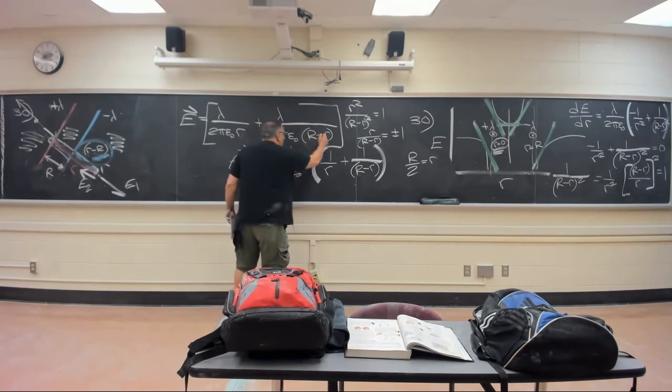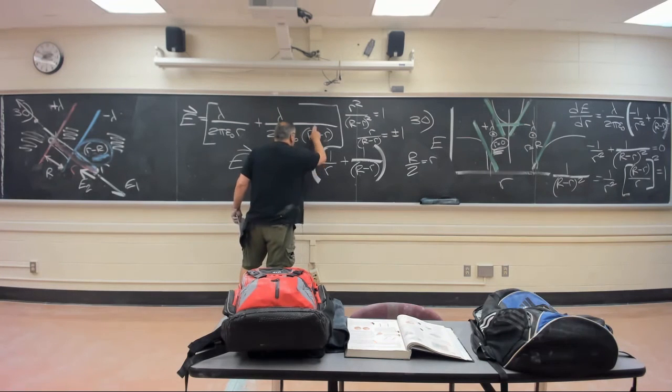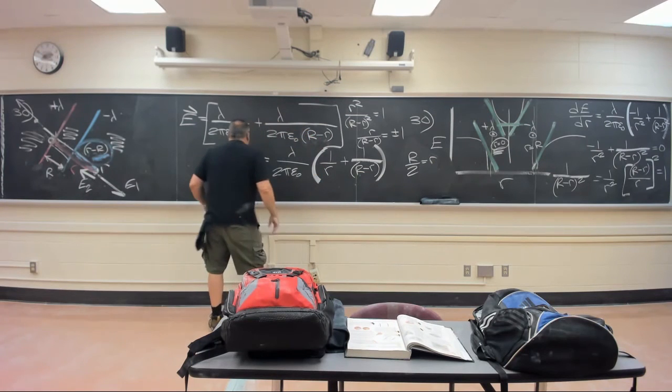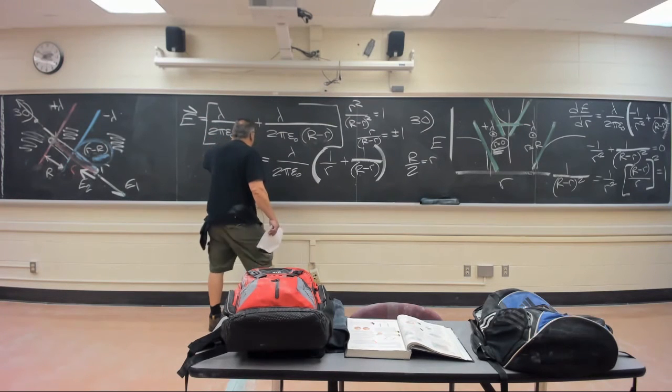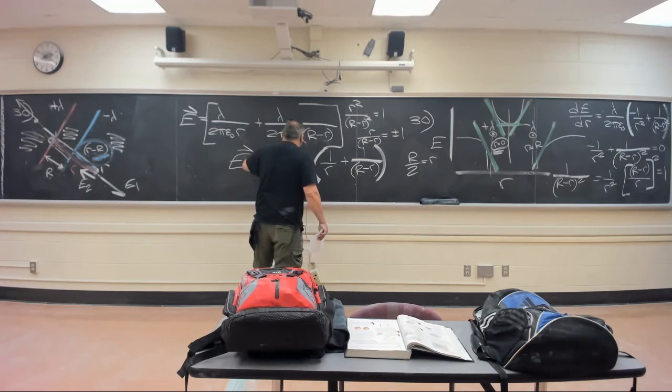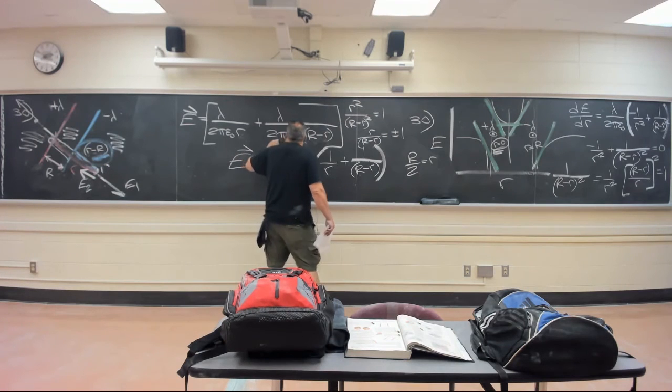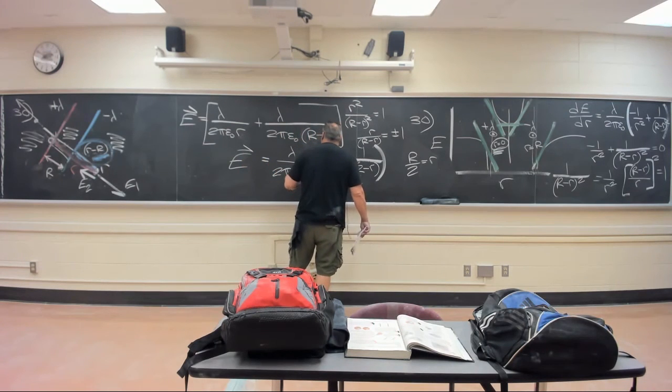If this is capital R over 2, then this becomes capital R over 2, and it comes 2 times that as well. So it becomes, as an answer, 2 times lambda over 2 pi epsilon naught, capital R, plus 2 times lambda over 2 pi epsilon naught, capital R.